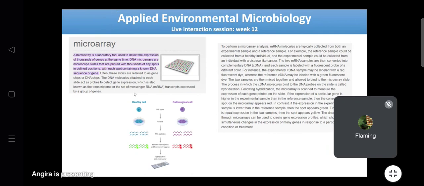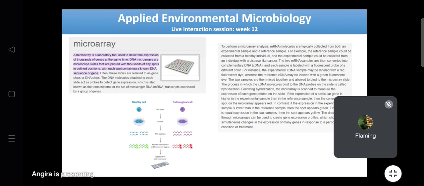In microarray analysis, mRNA molecules are basically collected from both an experimental sample and a reference sample. Sometimes the experimental sample can be a healthy cell, or sometimes it can be a pathological cell. The reference sample is generally collected from a healthy individual, and the experimental sample can be collected from an individual with a disease, for example cancer.